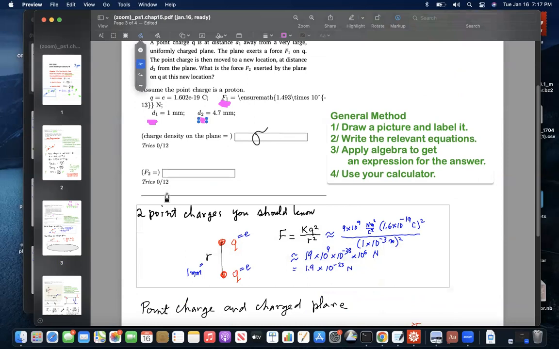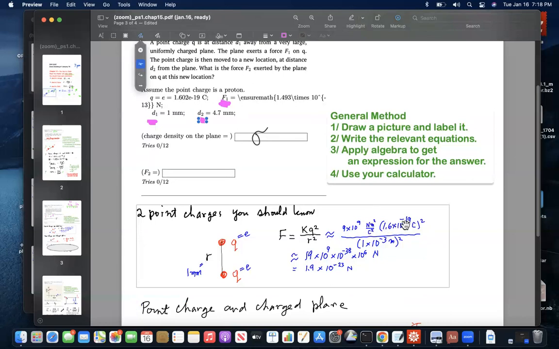Now, if these were 2 point charges, you would know how to do this calculation. If this were a question of 2 point charges, you'd have Q at a distance r from another charge Q. Let's say both of them have charge e. The force would be kQ squared over r squared. k is 9 times 10 to the 9 newton meters squared per coulomb squared.